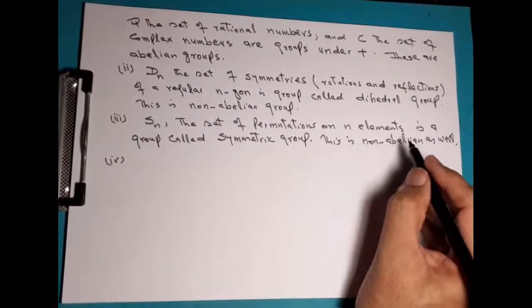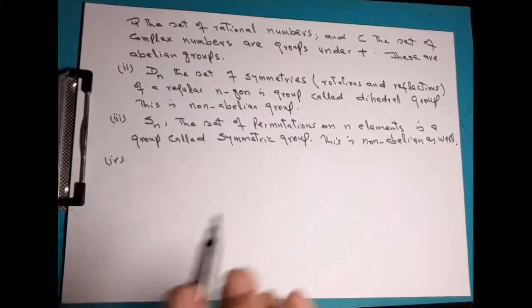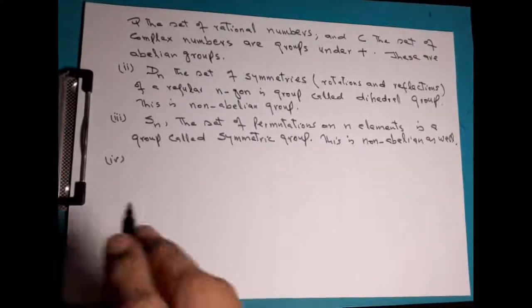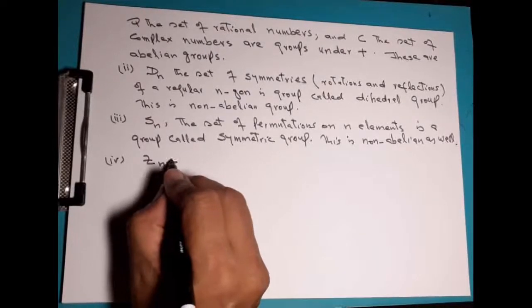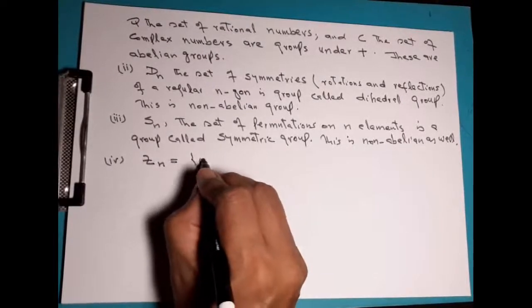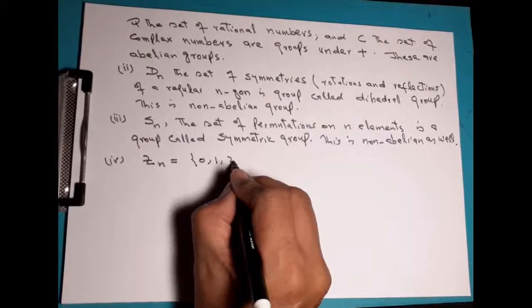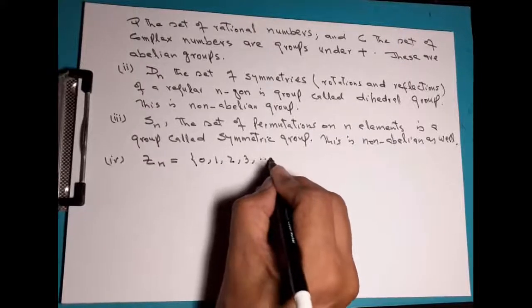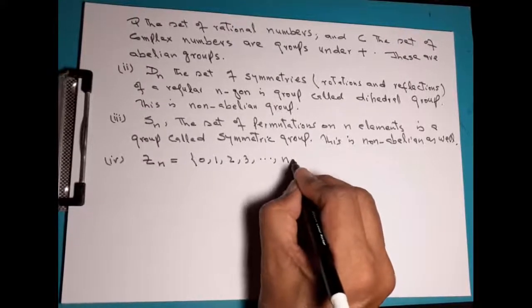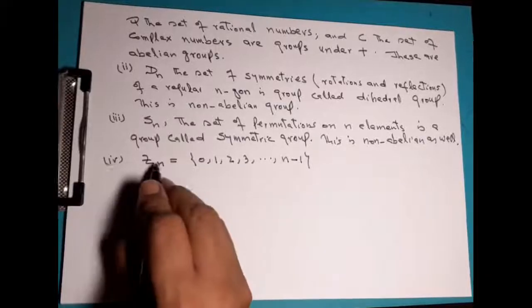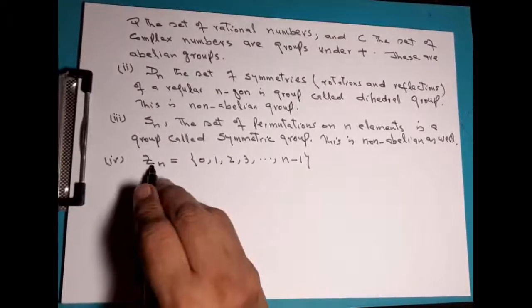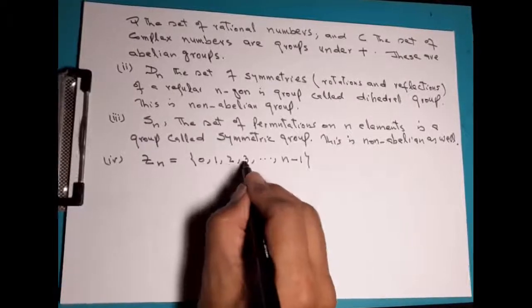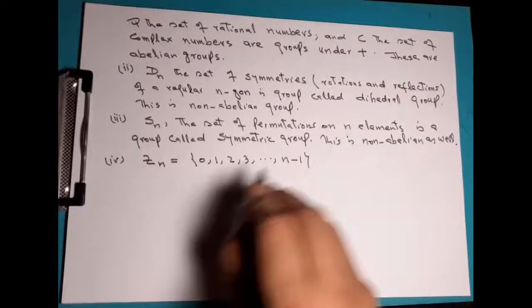Next, we discuss the groups of the form Zn. By Zn we mean 0, 1, 2, 3, and so on up to n minus 1. If it is Z6, then this is 0, 1, 2, 3, 4, 5. If it is Z7, then this is 0, 1, 2, 3, 4, 5, and 6.